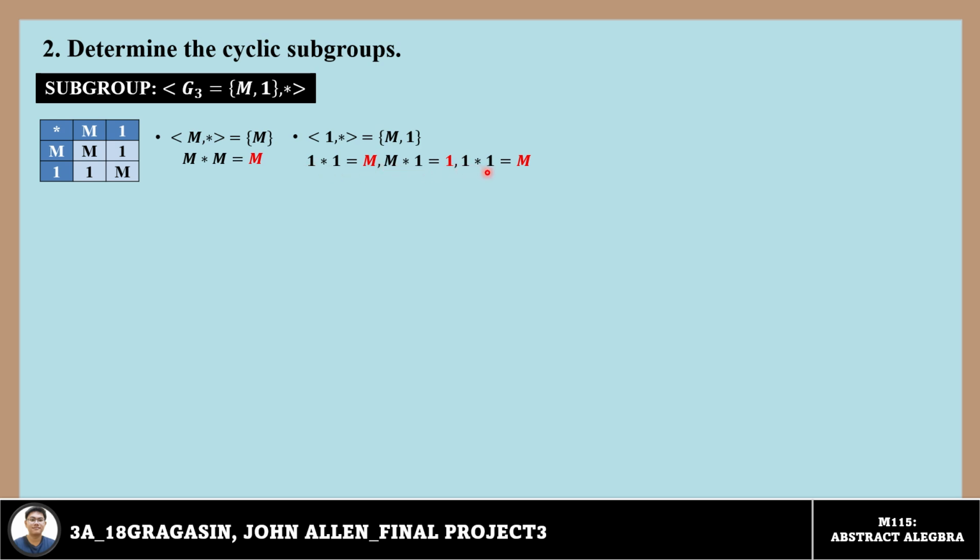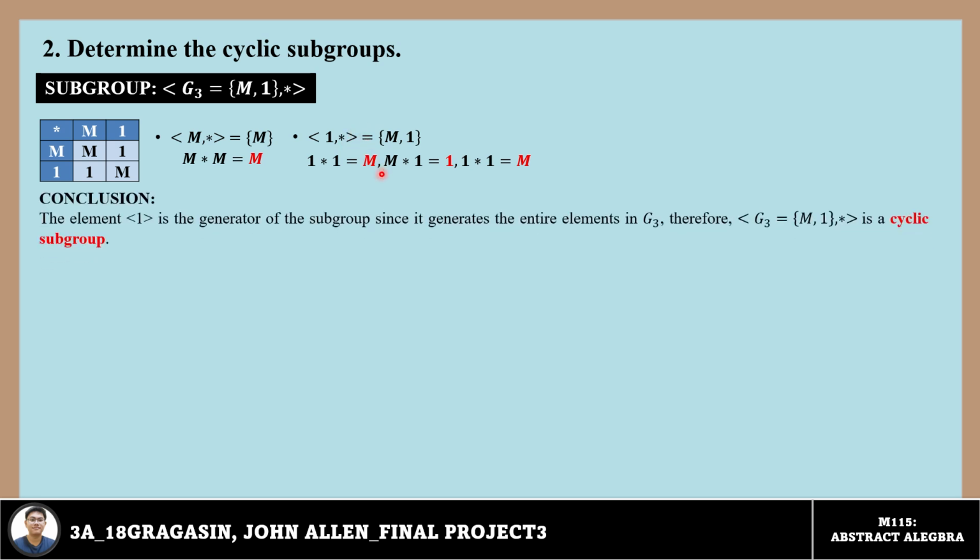As you can see here, our resulting elements are M and 1, and it generates the entire subgroup G sub 3. Therefore, our generator in this case is the element 1. Since a generator exists, we can conclude that the subgroup G sub 3 is a cyclic subgroup.